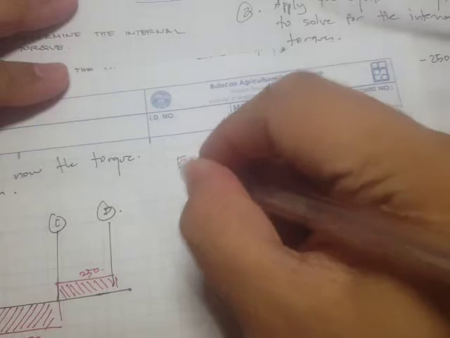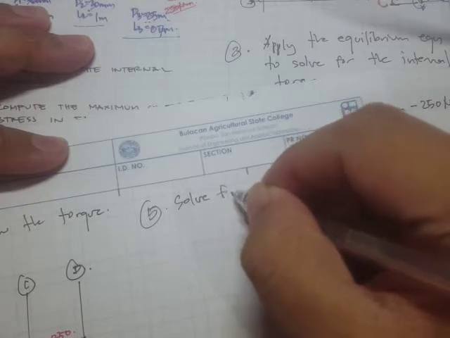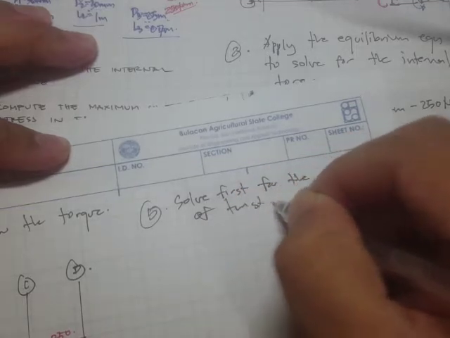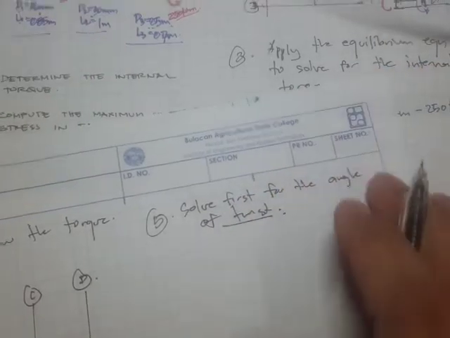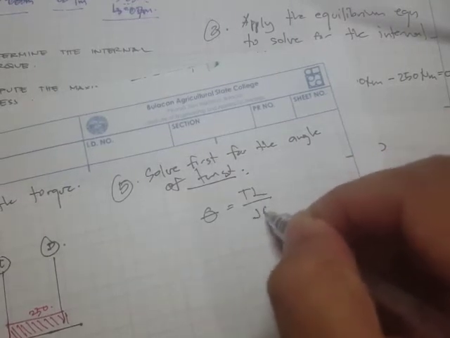Okay, so for the rotation angles, solve first for the angle of twist. Right, so for the angle of twist, our working equation is just simply TL all over JG.